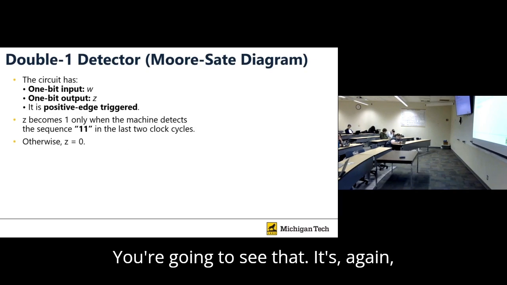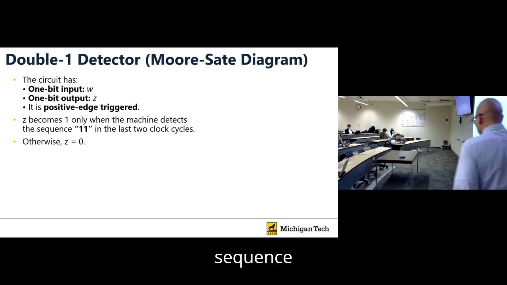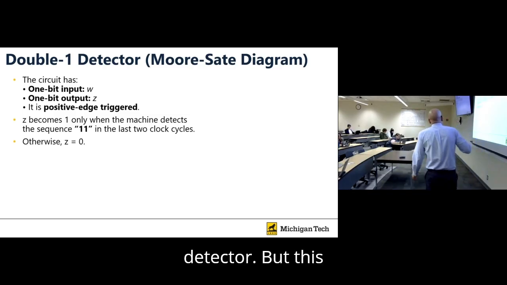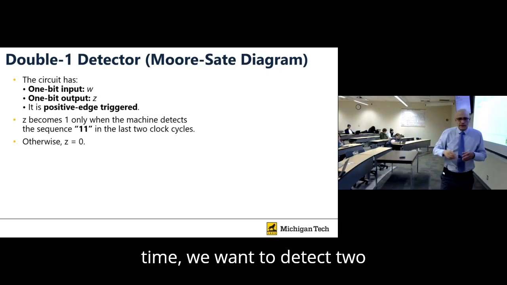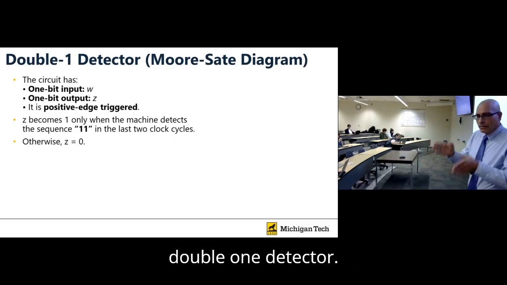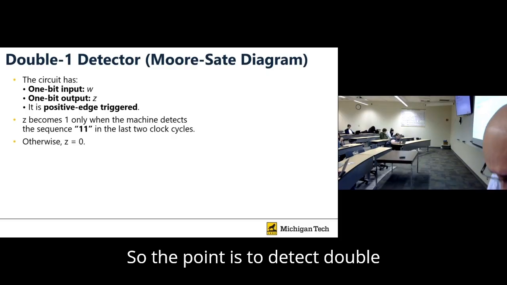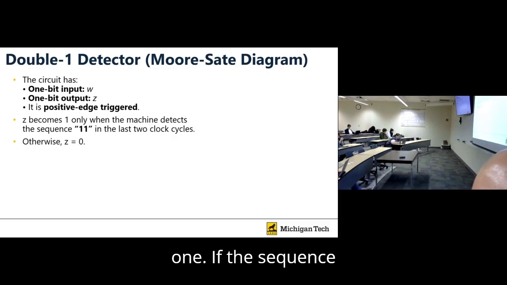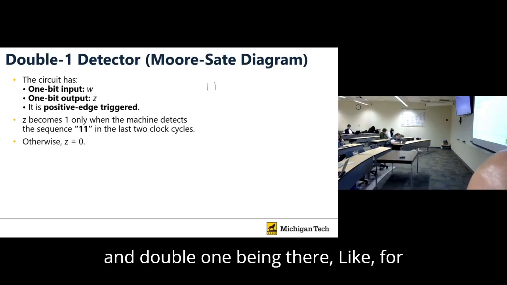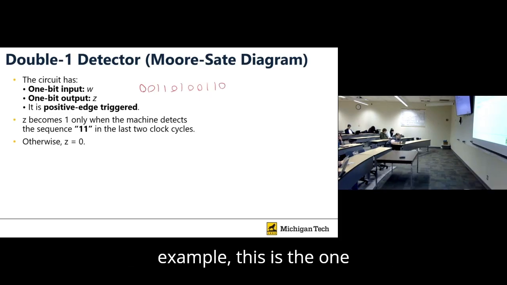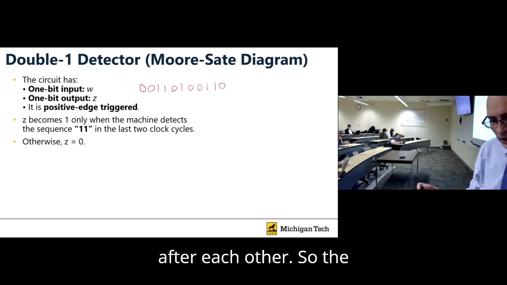It's again a sequence detector, but this time we want to detect double one. If the sequence coming in has double one, like for example, one after each other.